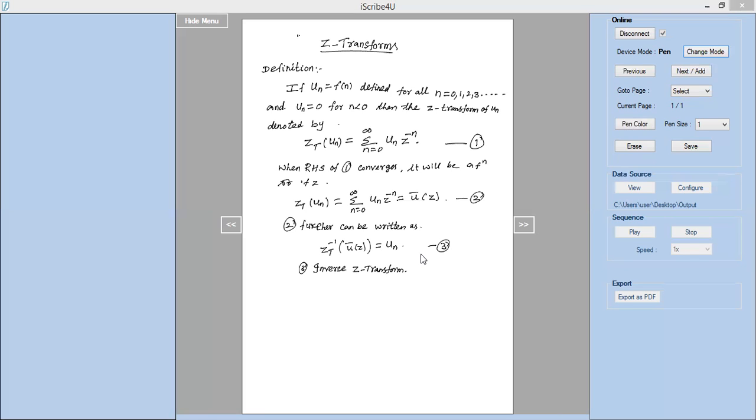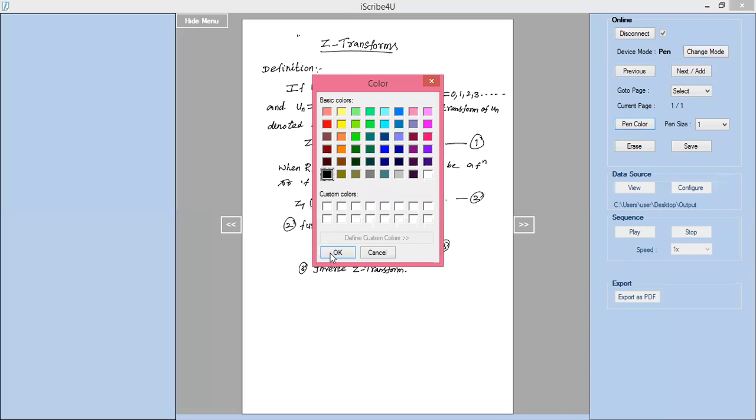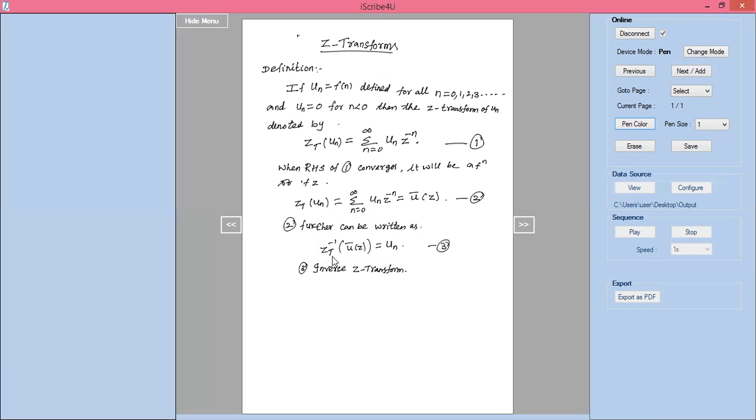Next I'll take a property. This property is very important, and using these properties we'll see the formulas. What is the property?